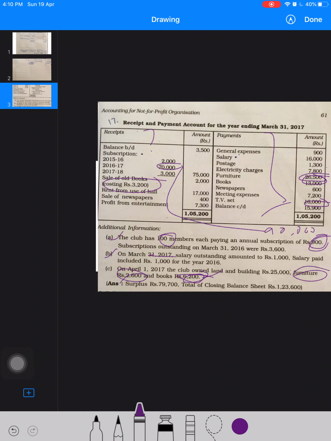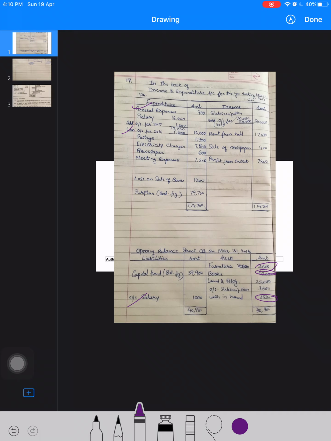In the income and expenditure account you will write down subscription, and you received 70,000 in the inner column. You will write down add outstanding for this year, meaning you are yet to receive 20,000, but in the outer column you will be writing that real amount, which will be coming in your income and expenditure account.